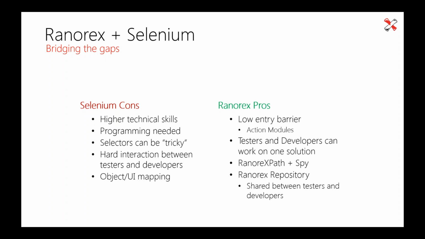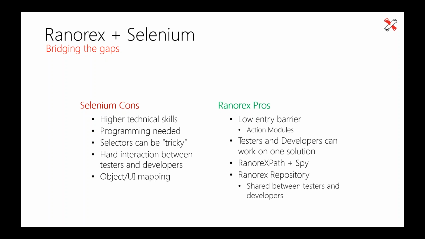And that can make up for the con on the left-hand side. The selectors can be tricky, but maybe it's a little bit easier to get the UI mapping and also the object mapping right, because we have the Ranorex repository, and the testers could use the repository as it is, work in a keyword-driven way, and the developers could write page objects around the repository and work in their former way of working.